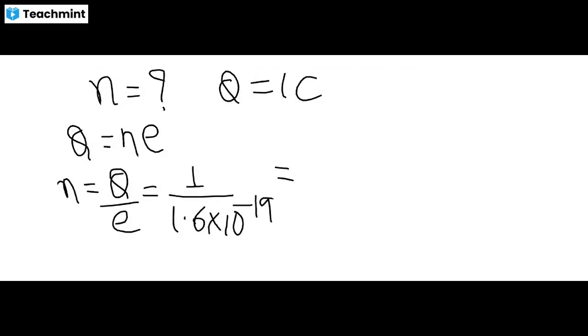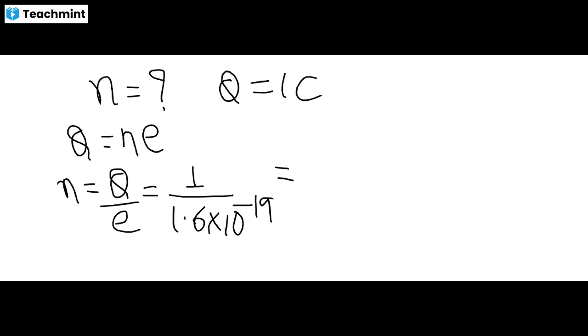What is the answer for this? 6.25 into 10 to the power 18 electrons. I think you are perfect with the calculations. Are you perfect with the calculations? Okay. So the next question.